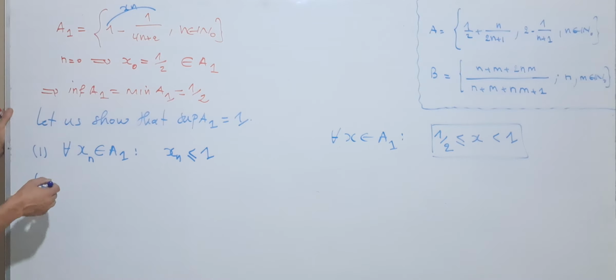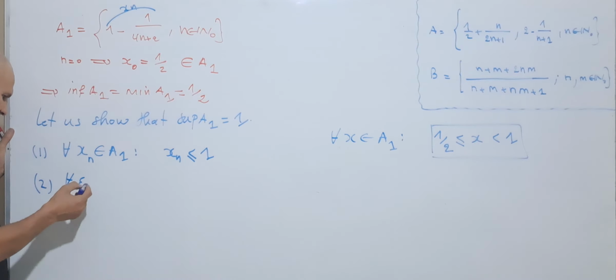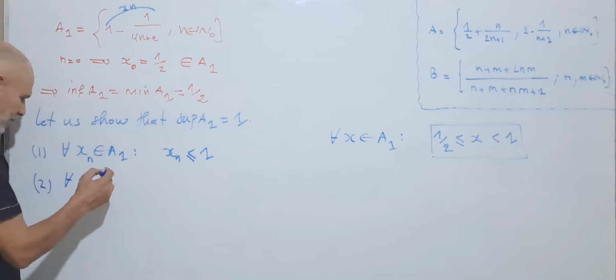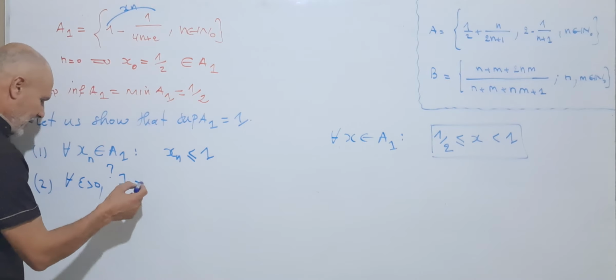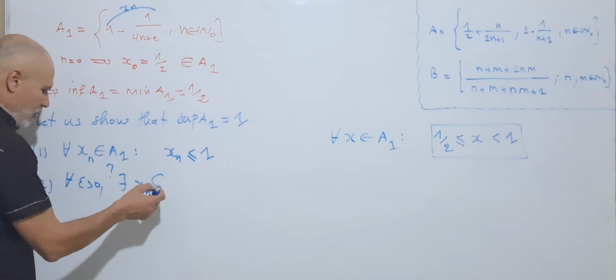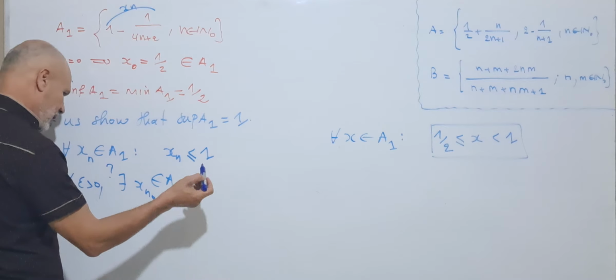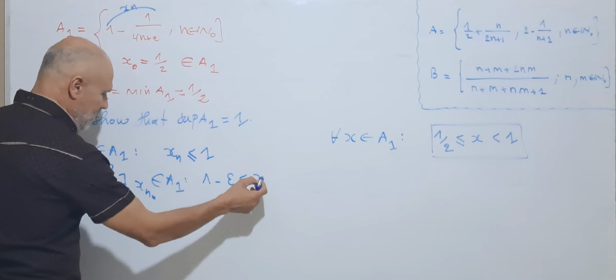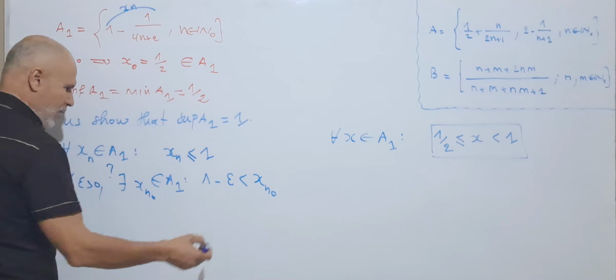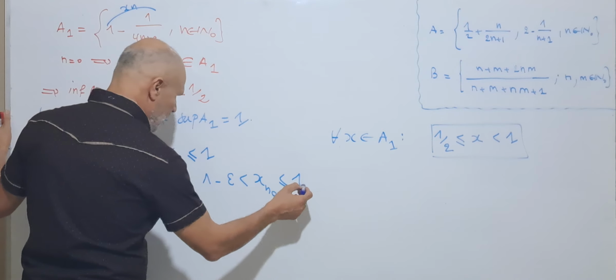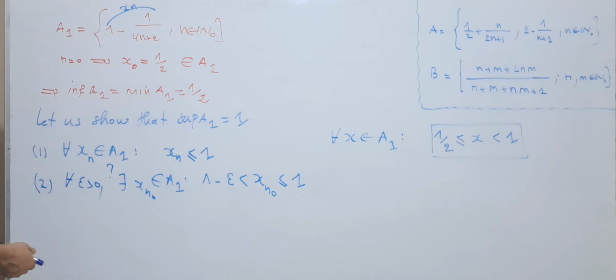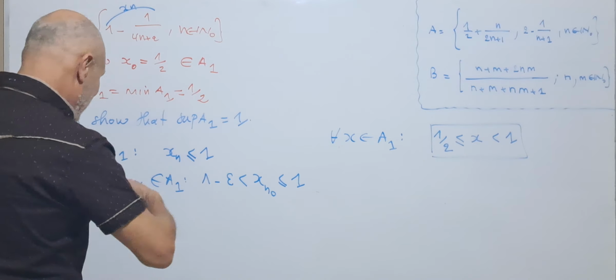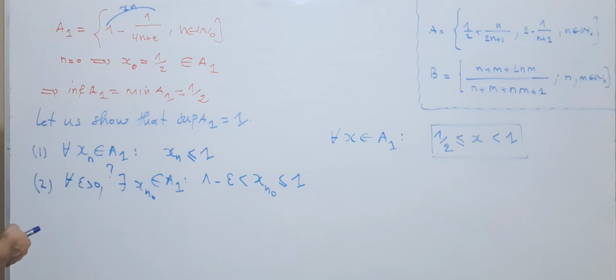The second condition: for all epsilon greater than 0, can we find xn0 from A1 such that 1 minus epsilon is strictly less than xn0, which is less than or equal to 1? So the first one is verified from what we did before.